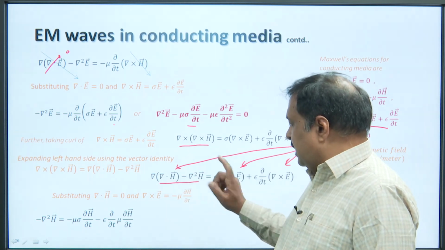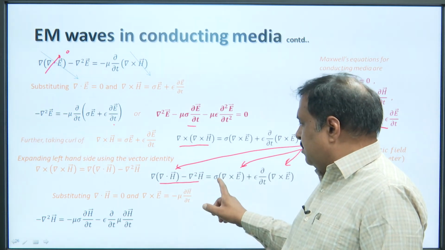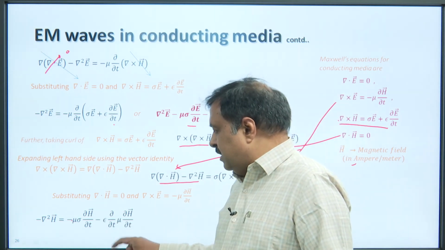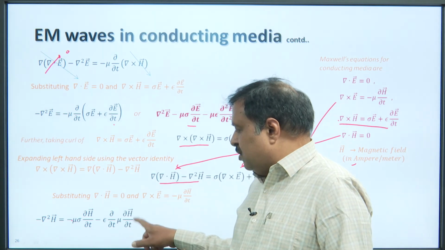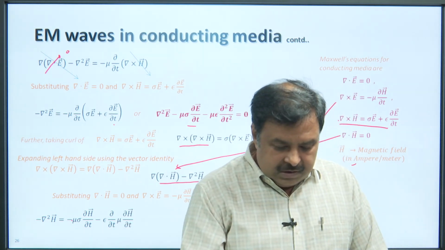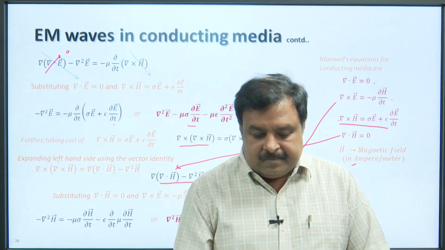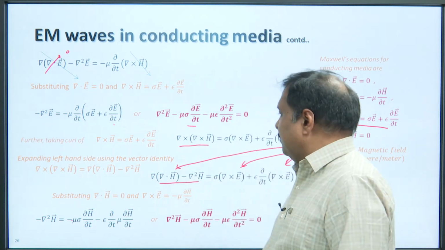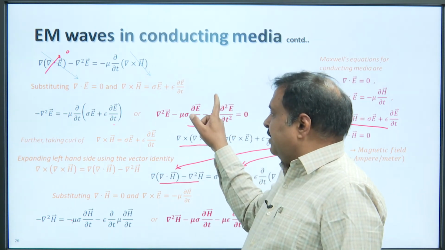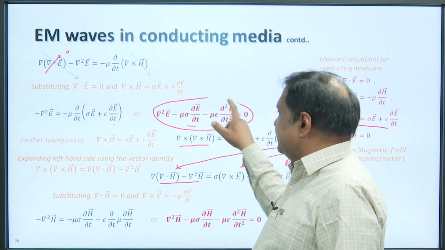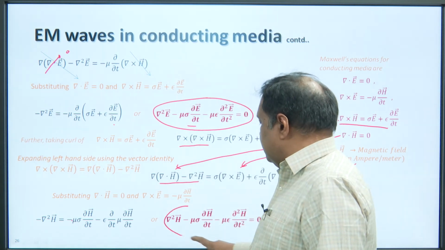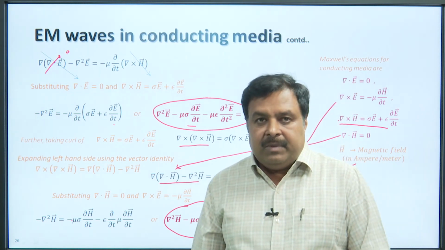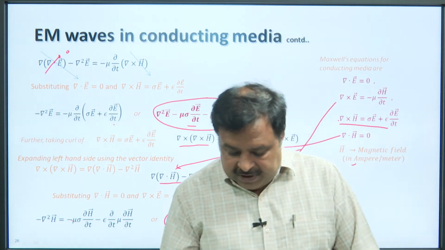So, minus del square H equal to minus mu sigma delta H by delta T minus mu epsilon delta 2 H by delta T square, this equation. So, in case of conducting media, we have electric field satisfies this equation and magnetic field satisfies this equation when electric and magnetic fields are time varying.